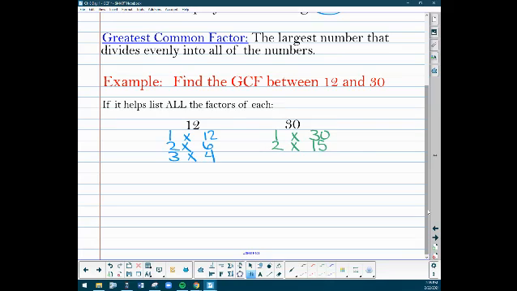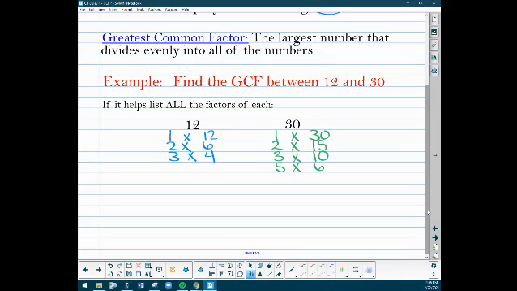Now I look at 3. 3 times 10 is 30. 30 divided by 4 isn't even, and 30 divided by 5 is 6, so 5 times 6 gets me 30. And 30 divided by 7, 30 divided by 8, those are not going to be whole numbers. So those are all of the factors of 30.